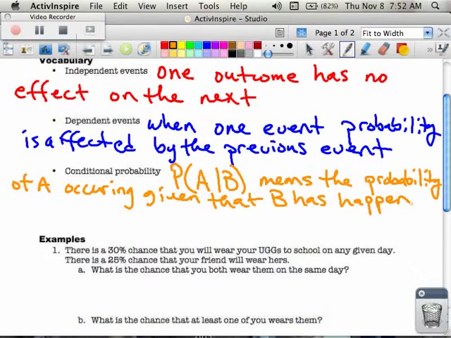I'm going to show you something called the Monty Hall problem. A more practical example would be, if I said, what's the probability that I picked a girl out of a crowd knowing that that person had long hair?